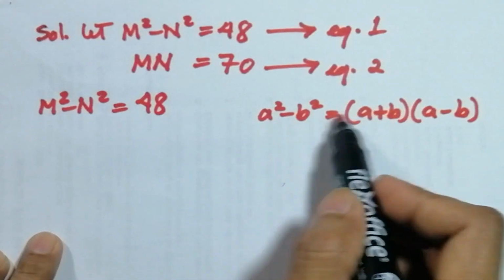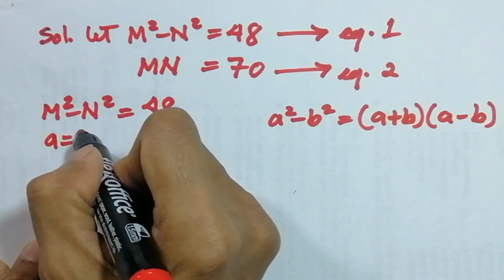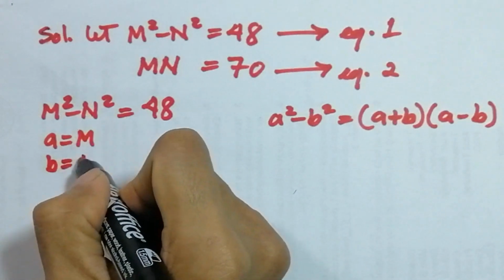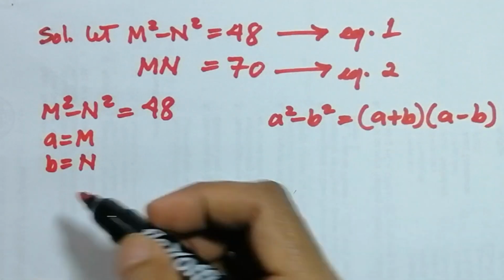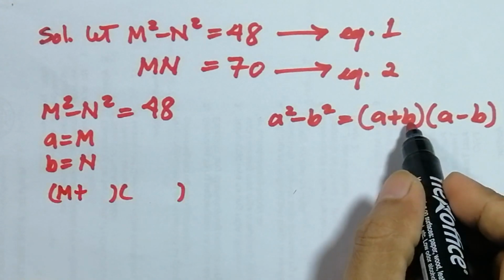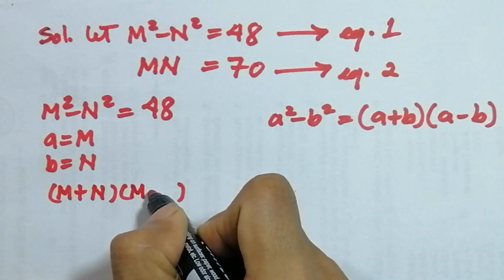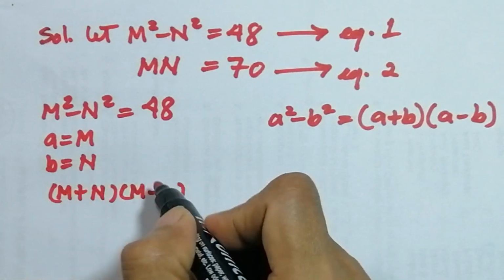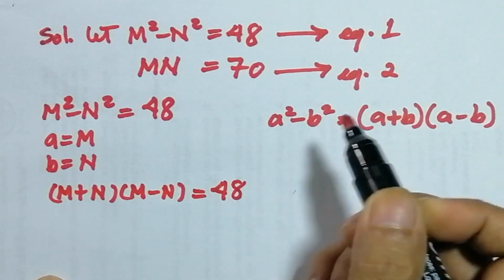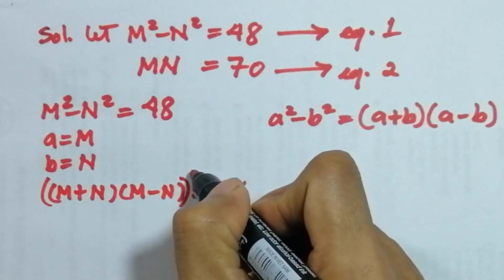So we're going to use this form where a is equal to m and b is equal to n. So a is m plus b is n, same as here, m minus b is n, okay, is equal to 48. Now we square both sides, so this will be like that.